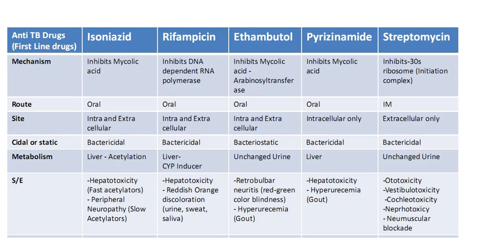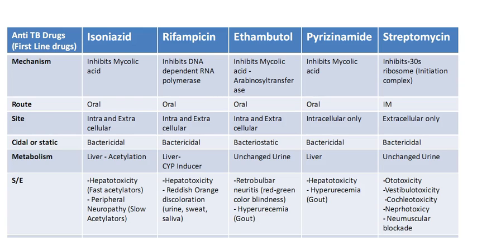Now let's move to drug number 2, Rifampicin, also called Rifampin. The mechanism of action of rifampin is different from isoniazid. Rifampin mainly focuses on inhibiting DNA-dependent RNA polymerase, and thereby it inhibits RNA synthesis.